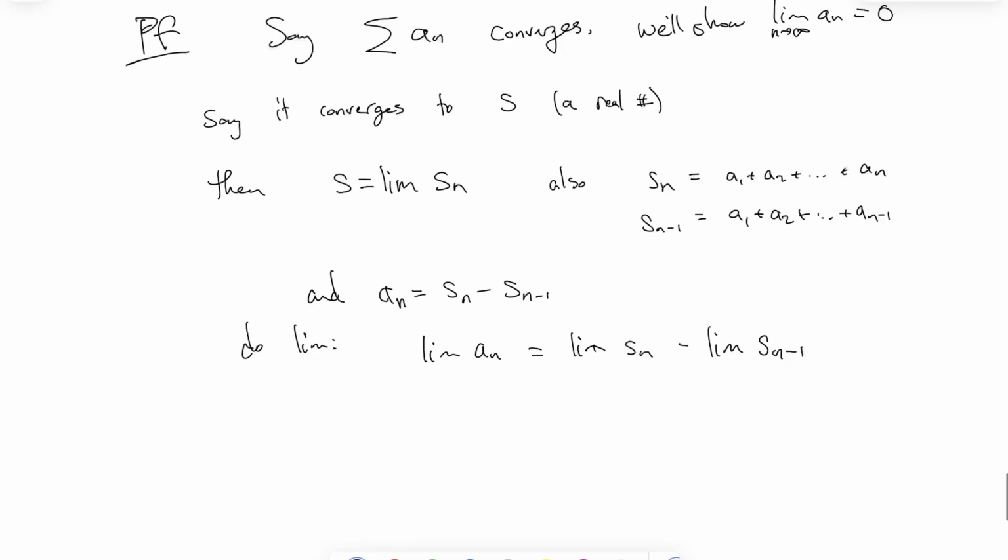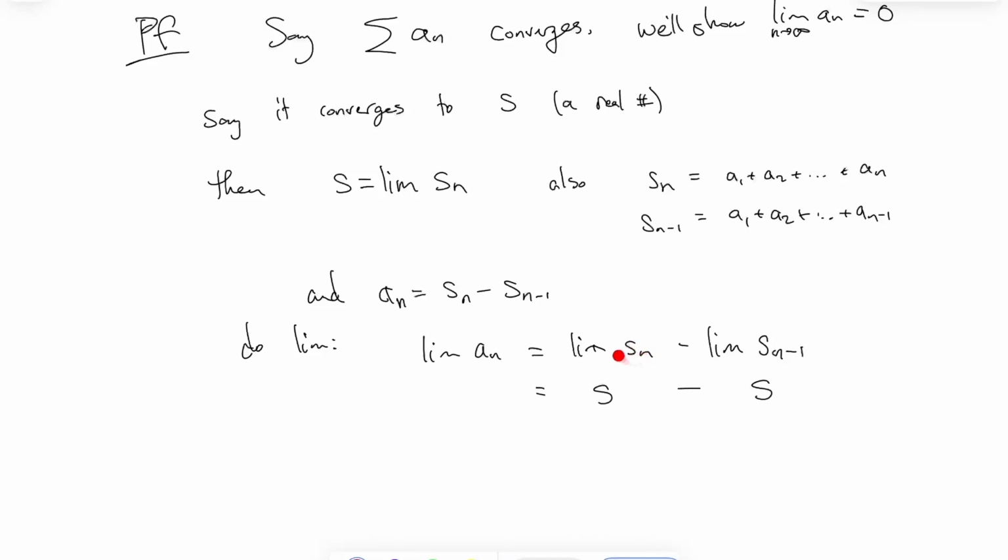But what is this on the right side? The limit of Sn, as n goes to infinity, equals S. That's what I said over here, right? The partial sums, the limit of that is just whatever the series value is. And the limit of Sn minus 1 also approaches S. That's because I'm imagining n becoming infinity.